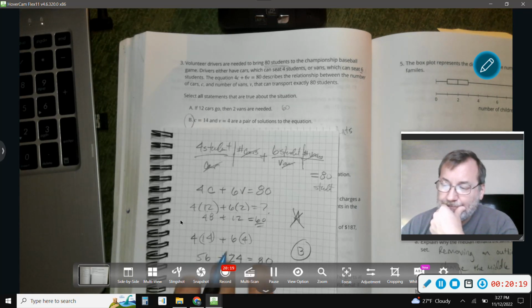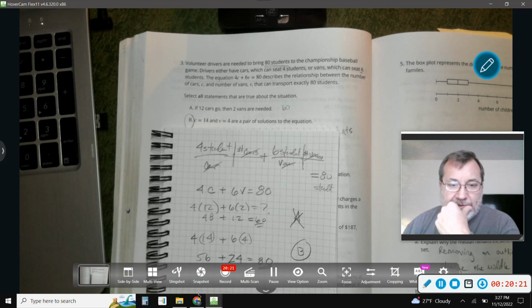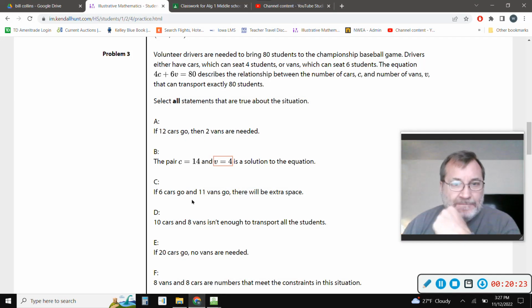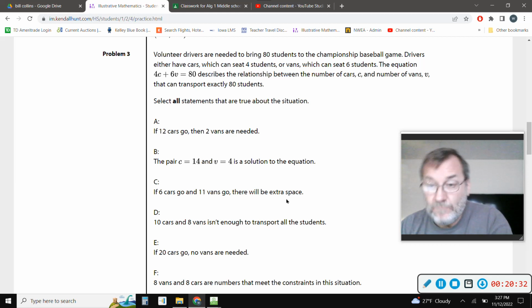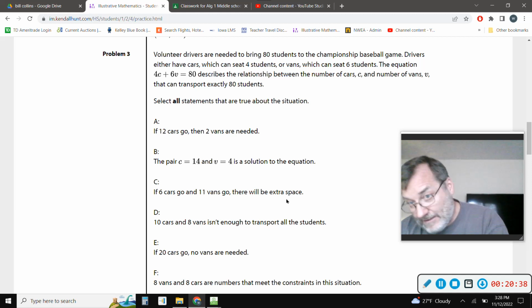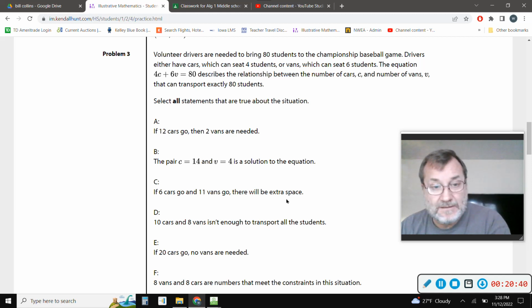Okay. Well, let's go on to Charlie. It says 6 cars and 11 vans. There will be extra space. Okay. So in other words, what they're saying is, it's okay if you have 81 or more seats. That's okay. So let's see what it says here. 6 cars and 11 vans.